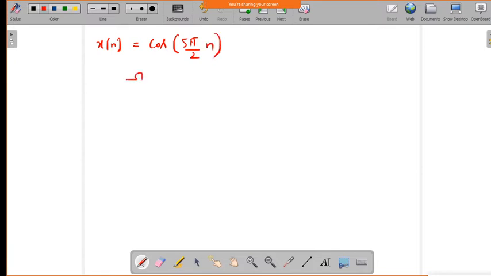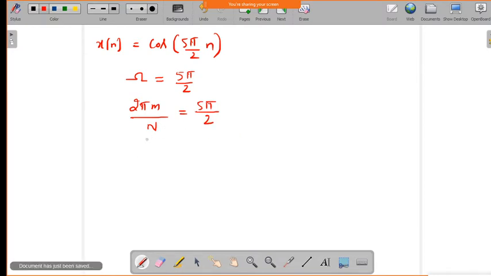In this case ω = 5π/2. So 2πm/N = 5π/2. The π will cancel each other, and if you multiply, N = (4/5) m.